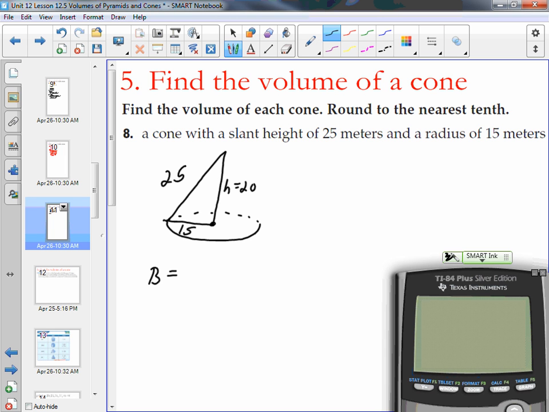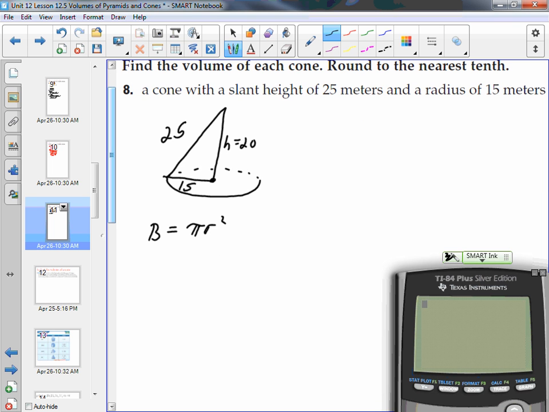The area of the base is pi r squared. So that's pi times 15 squared. So that's 225 pi. Then the volume is 1/3 times the area of the base times the height.